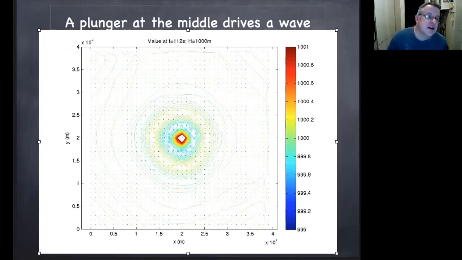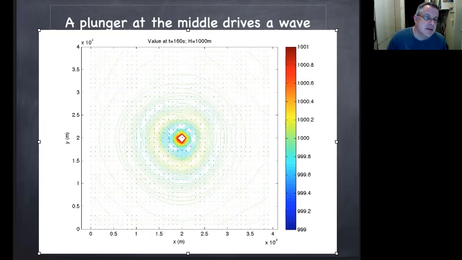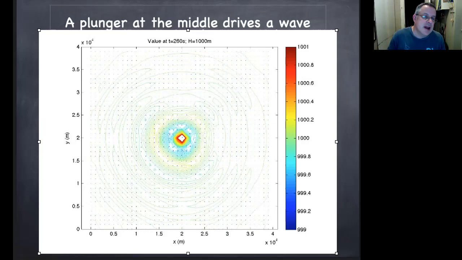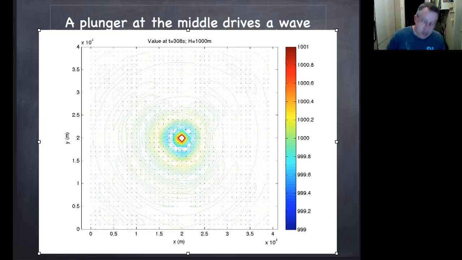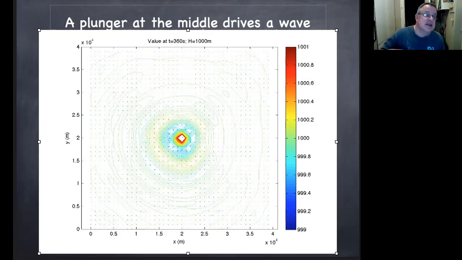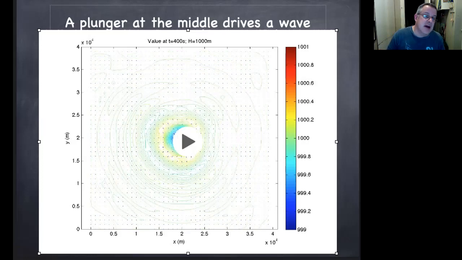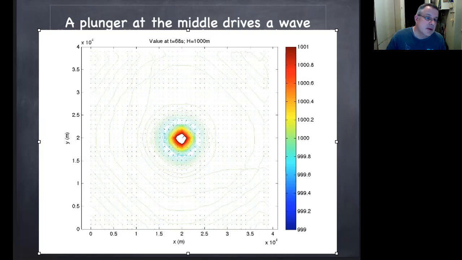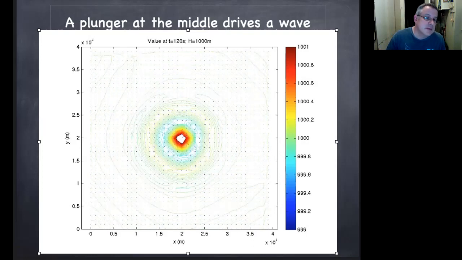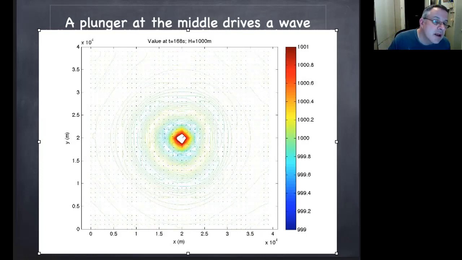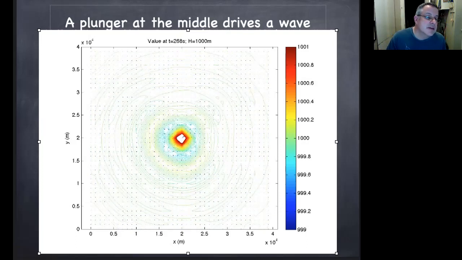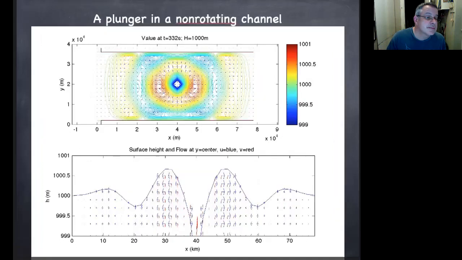Here's a plunger. So I set up these numerical simulations with either plungers to drive a periodic signal over a certain footprint, or just a blob that I just initialize and let it spread out. So in the plunger case, you can see that the waves are just moving out circularly from the original plunger. No surprise there. You can't really see the little arrows, but they're doing something interesting that we're not going to talk about right now.